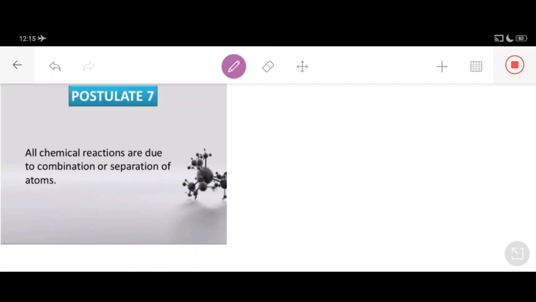For example, the elements may be the same or they may be different. When they combine with each other, there is always the formation of compounds. For example, this is nitrogen.